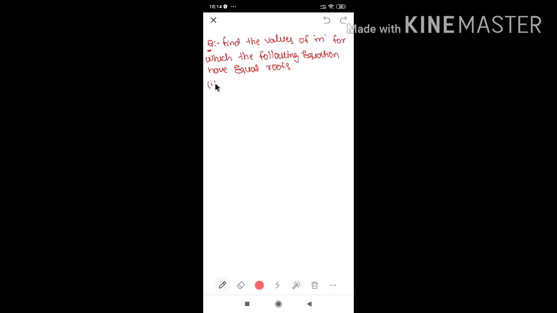So for that one, first question number 1, x square minus m times of 2x minus 8 minus 15 is equal to 0. So this type of questions will appear for 2 marks. So here I am converting minus 2mx plus 8m minus 15 is equal to 0.